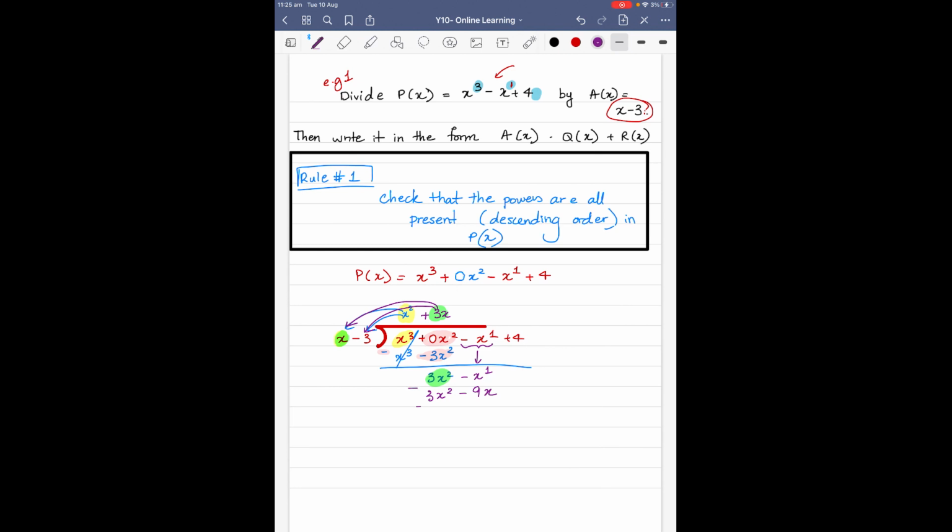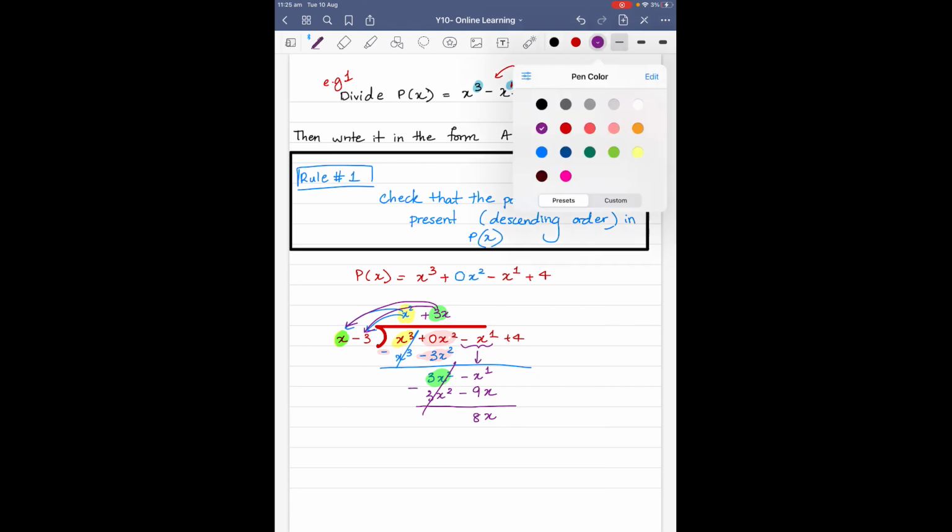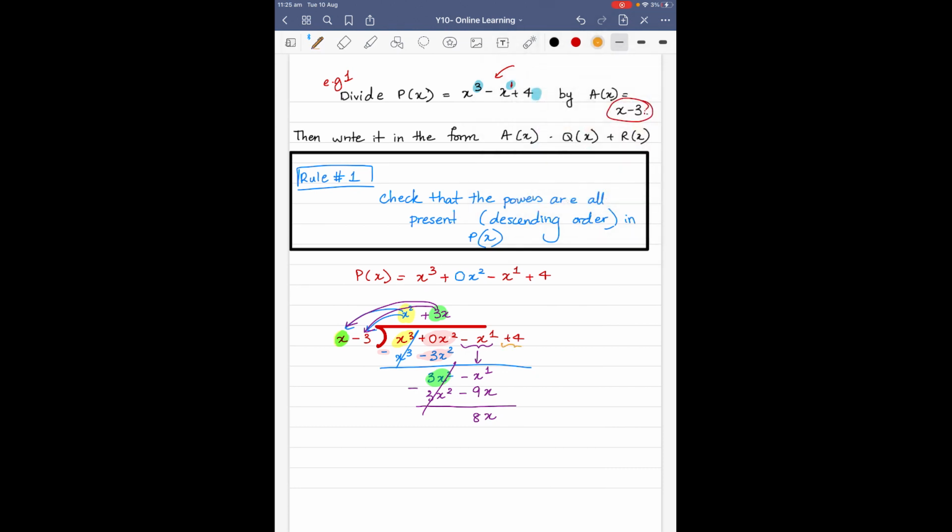You're going to find the remainder, so we're going to subtract it. That cancels out. Minus 1 minus minus 9. Minus and minus gives you a plus. So minus 1 plus 9 is 8x. Alright? And then we're going to bring down the next term, plus 4. Alright?